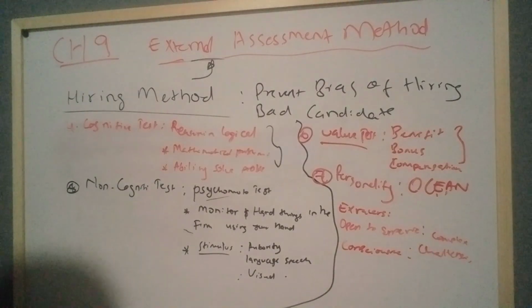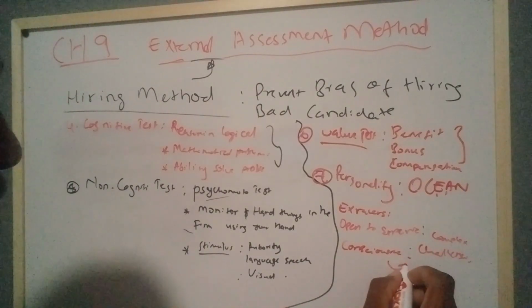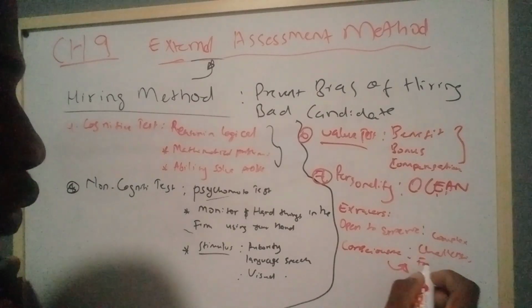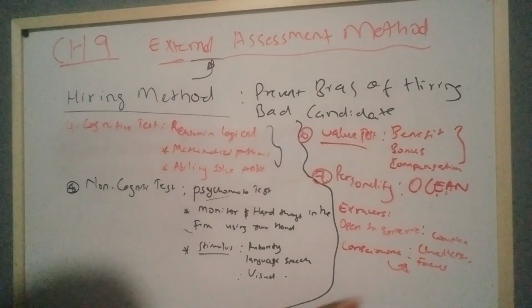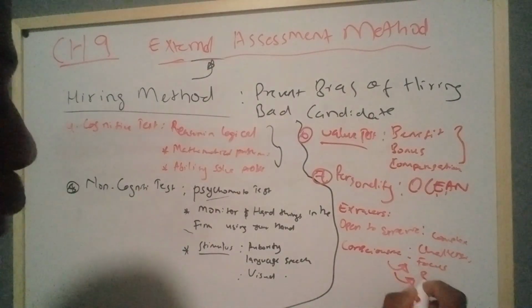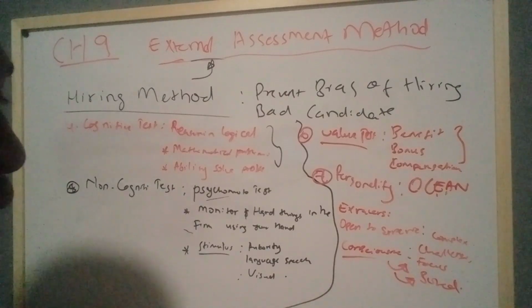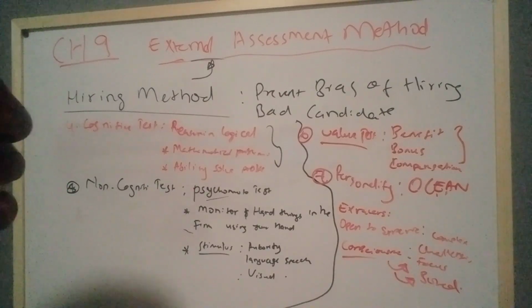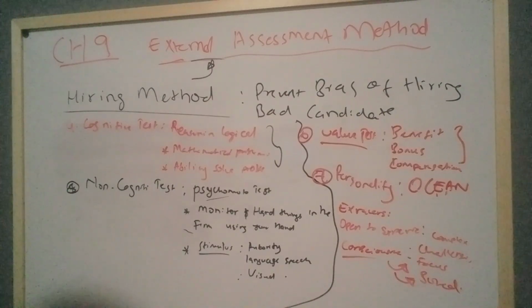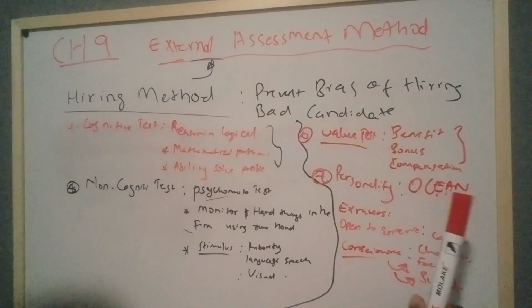If you are conscientious, it will make you focus on the work, and it will make you not to be bored in the work or in the job. That is conscientiousness. You are too focused, and you know your goal, you know what you want to achieve in your job, etc.